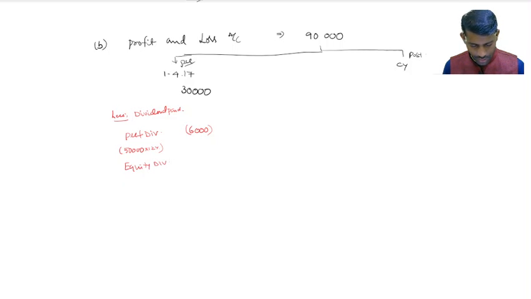Equity dividend. Then capital, how much was there? 1,50,000. Update that into 2 lakh. 1,50,000 into 12%, so this amounts to 18,000.